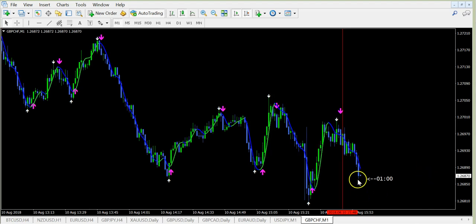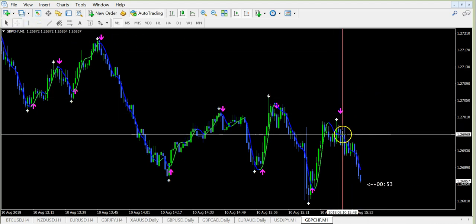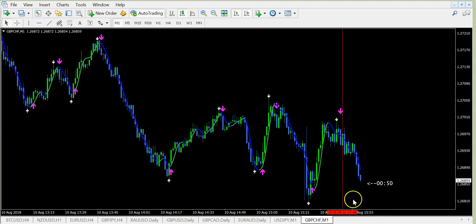You see, still going down. So now, but you always can close your trade if you are satisfied, let's say with 11 pips. You can close your trade whenever you want. It's up to you. But this is scalping. So this is good strategy.